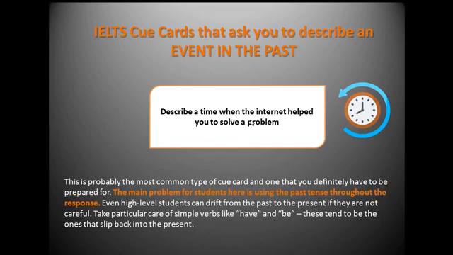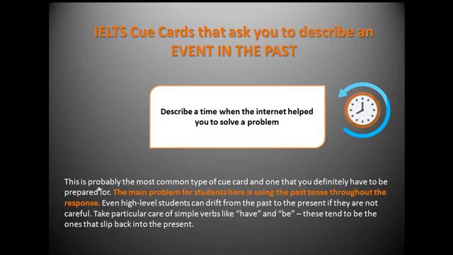Now, the main problem for students here is using the past tense throughout the response. Of course, students, it's quite challenging when you have to continue speaking in one particular tense. Even the high-level students can drift from the past to the present if they are not careful.